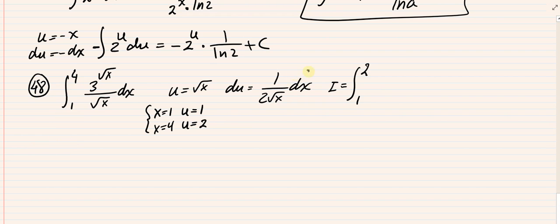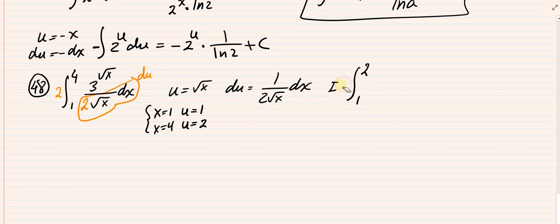So dx over 2 root x, and I almost have that. If you want, you can multiply the integrand by 2 and divide the denominator by 2, so we get exactly, there you go, there's our du here, right?